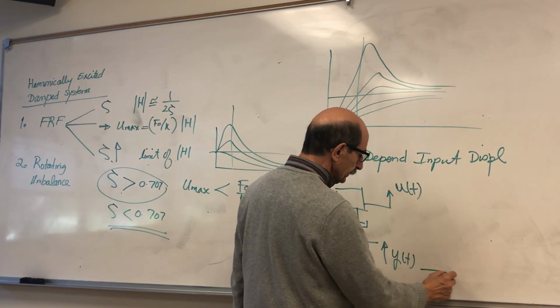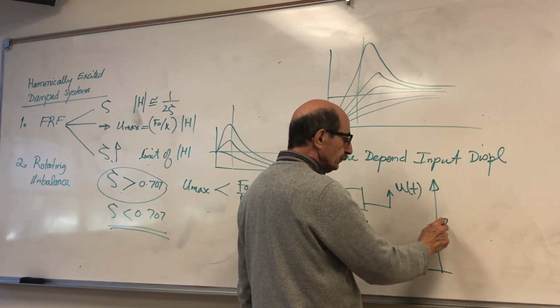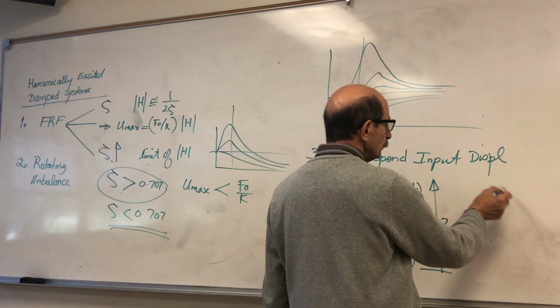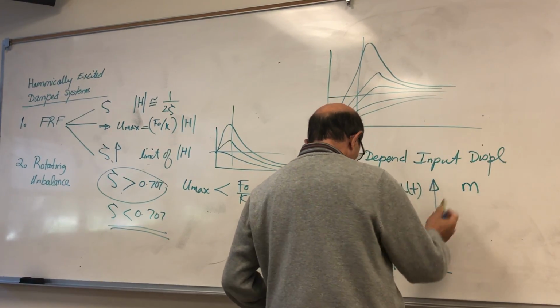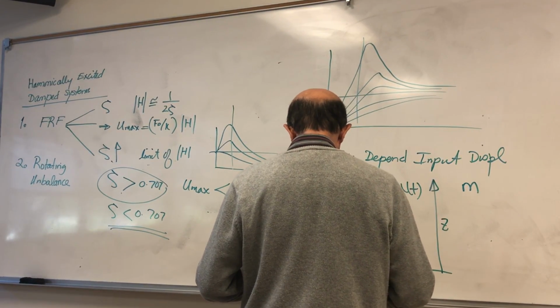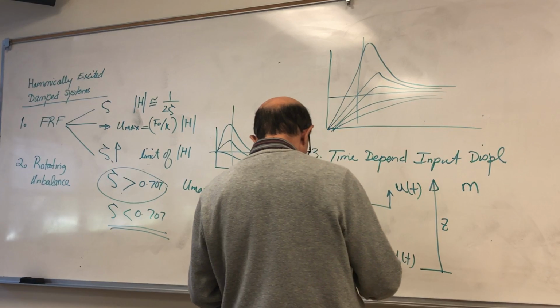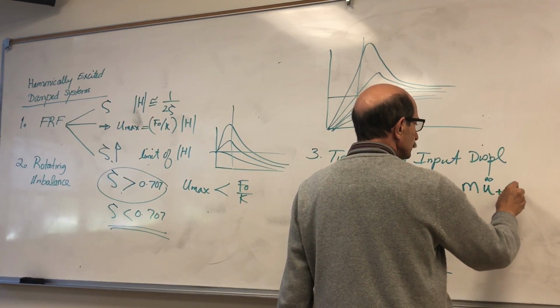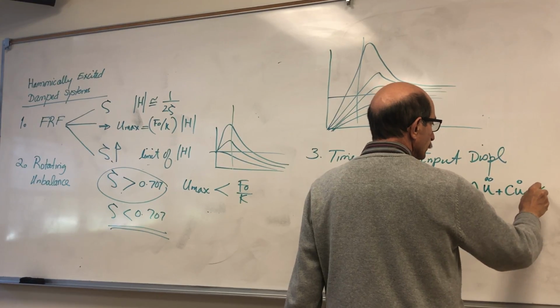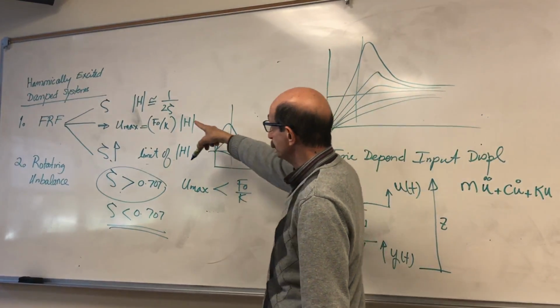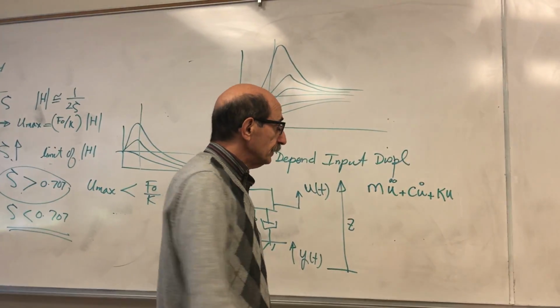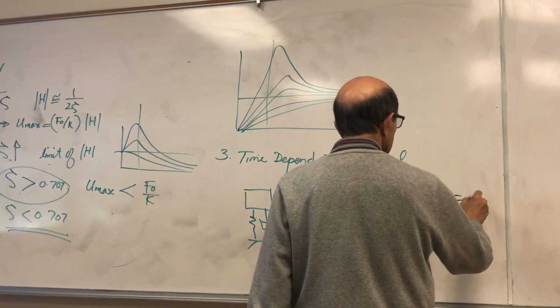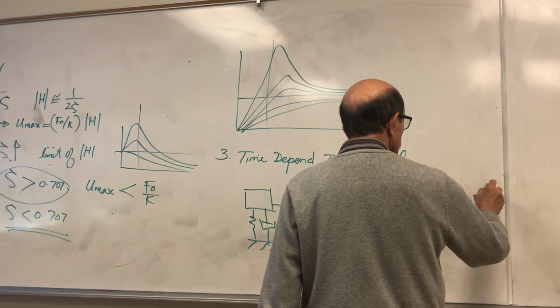So if you call the absolute displacement z, we wrote the equation of motion in two forms. One was in this form, which was m u double dot plus c u dot plus k u. If you write it in terms of the relative displacement of the mass, that would be negative m y double dot.